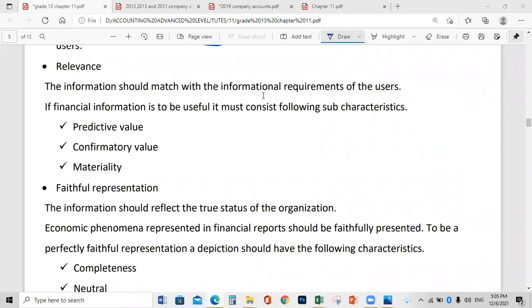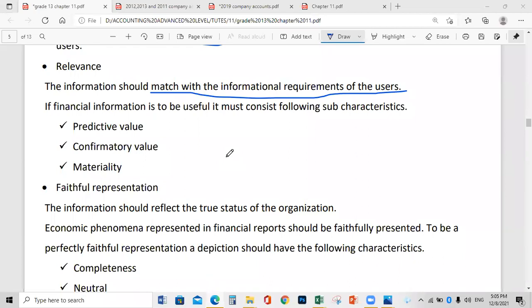Relevant means you should always match the informational requirement of the users. Whatever information the users are asking for, you should be able to include it in your financial statement. If the users really want to know the profit, you have to prepare the statement of profit or loss, find the profit and give it to them.